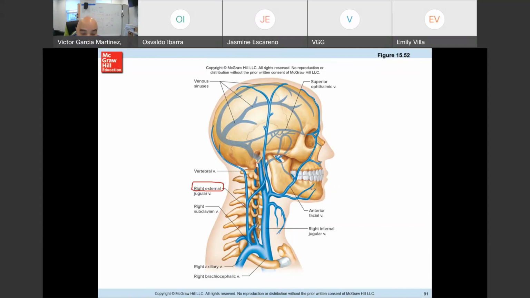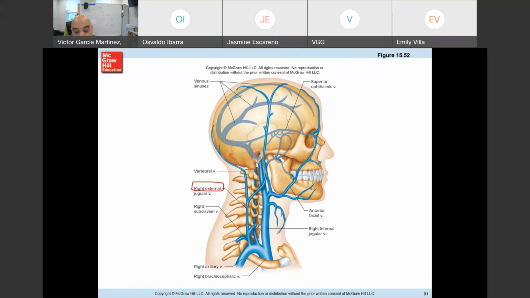And the internal part: if you remember the vertebral artery, you have a vertebral vein as well. You have the same system here, but these are draining in your right internal jugular vein. Then you have two jugular veins, the external and the internal jugular vein.